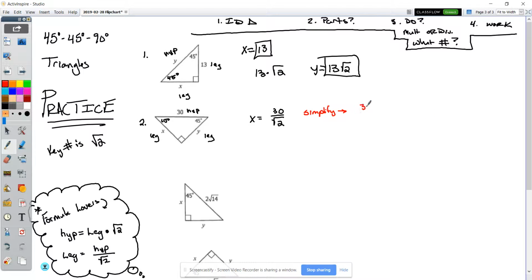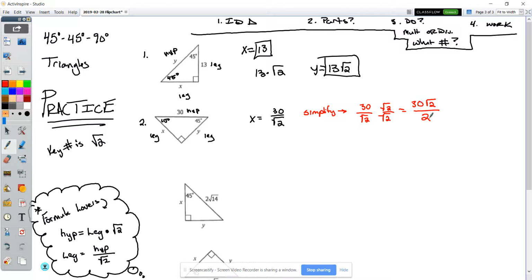So I'm going to take this 30 over the square root of 2, and to get rid of this square root of 2, I'm going to multiply the numerator and the denominator by the square root of 2. This won't change my value because this is basically multiplying by the number 1. In the numerator, I end up with 30 square root of 2. In the denominator, the square root of 2 times the square root of 2 is just 2.